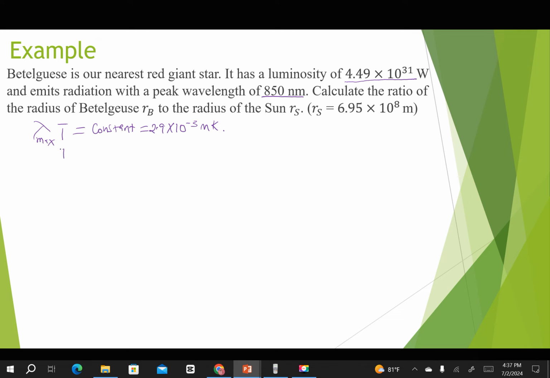So it means the temperature of Betelgeuse is going to be equal to the constant divided by lambda max.